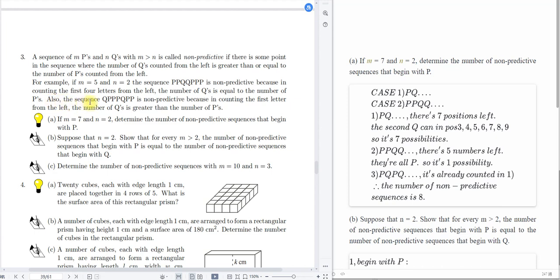Also, the sequence P, Q, Q, P, P, P, Q, P, P is non-predictive because in counting the first letter from the left, the number of Q's is greater than the number of P's.